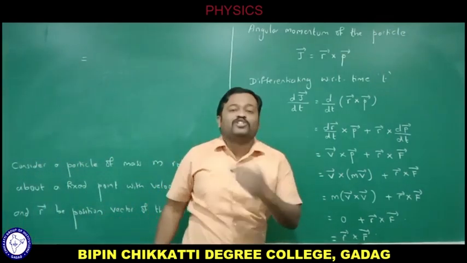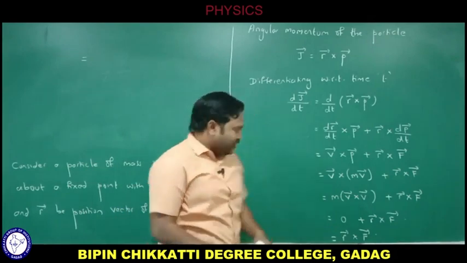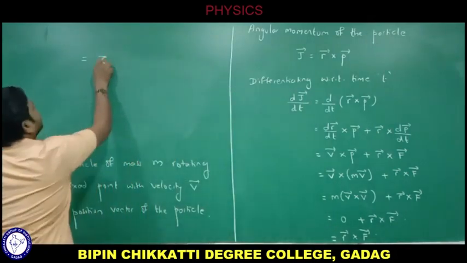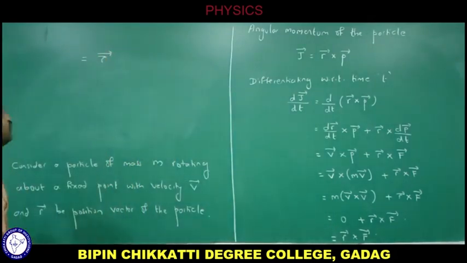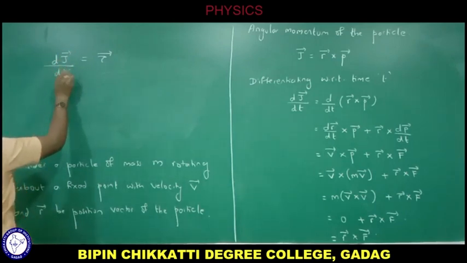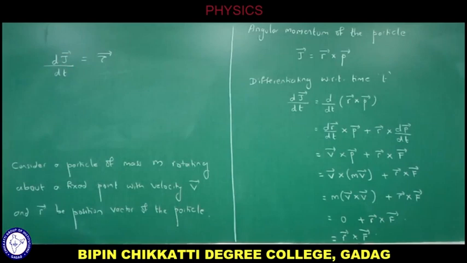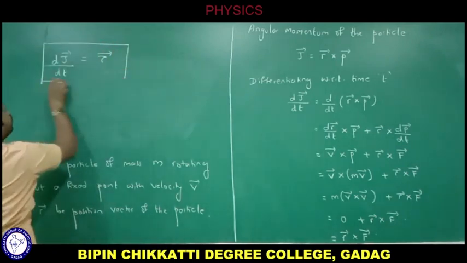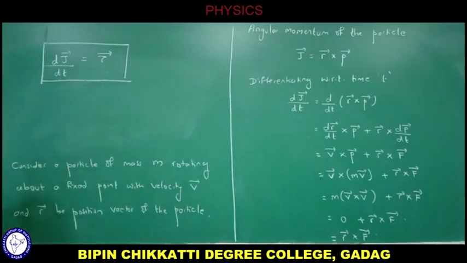Yes. What is moment of force? It is nothing but torque, right? So r cross f is nothing but torque. What do you get here? That is dj divided by dt is equal to torque. Right? So this is the relationship between j and tau. This is the relationship between angular momentum and torque. This is how we derived it.